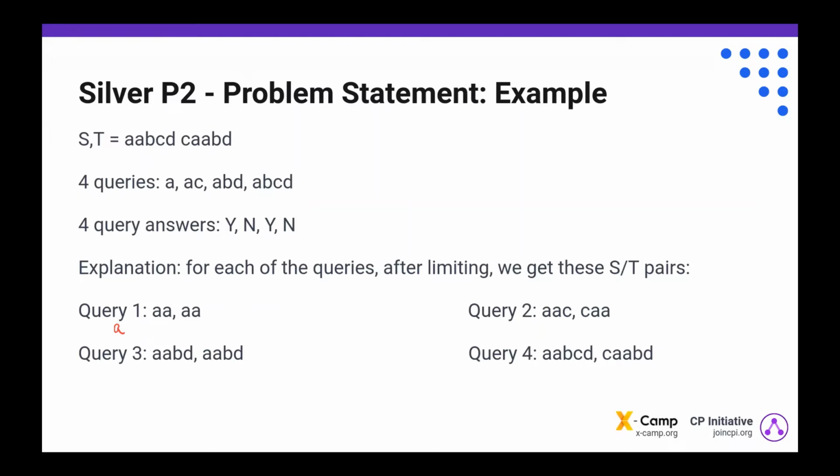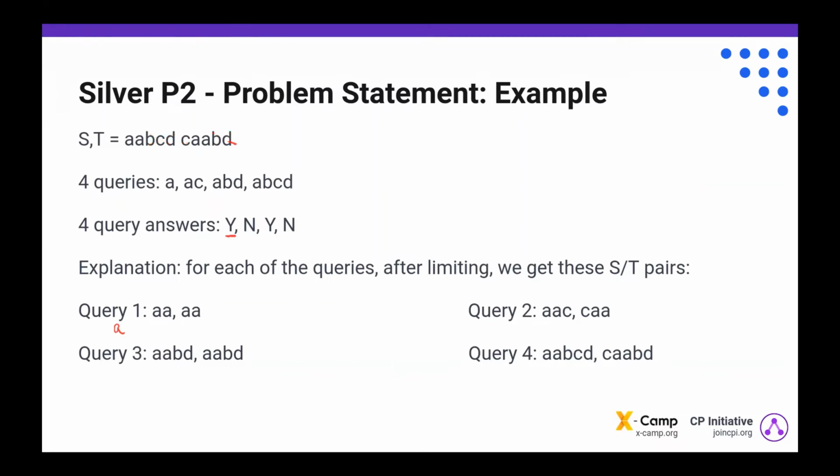Because for query 1, if we limit S to only the A's, we cross out B, C, D. And if we limit T to only A's, we cross out C, B, D. So for query 1, we have to compare: are these two equal? They are equal, so the answer is yes.